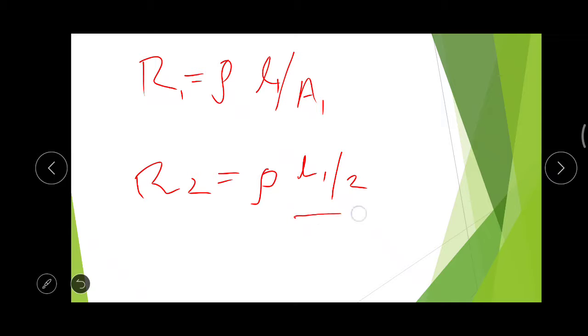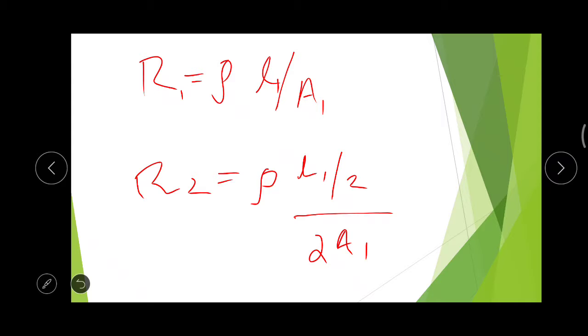The area of the second wire is double that of the first one, so it will be 2A1. So R2 is equal to rho into L2 by A2, where L2 is equal to L1 by 2 and A2 is equal to 2A1.